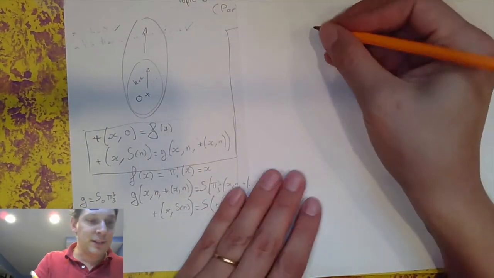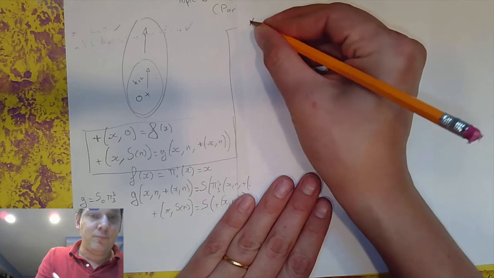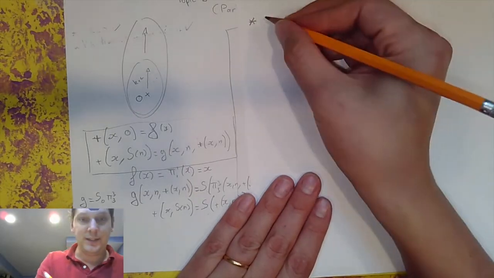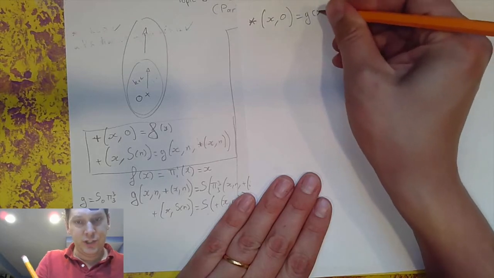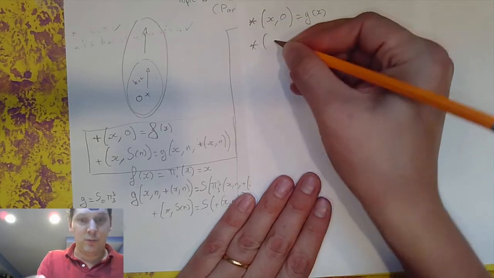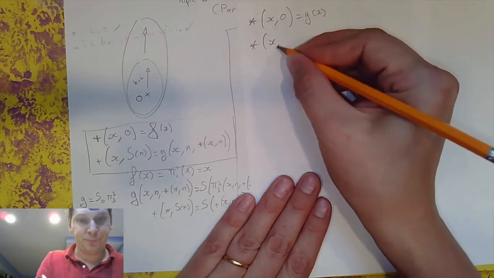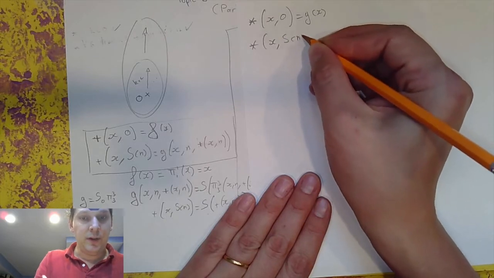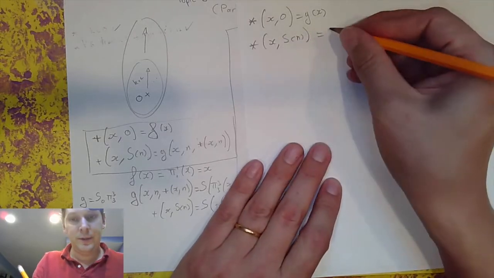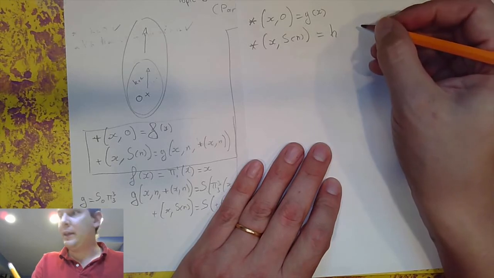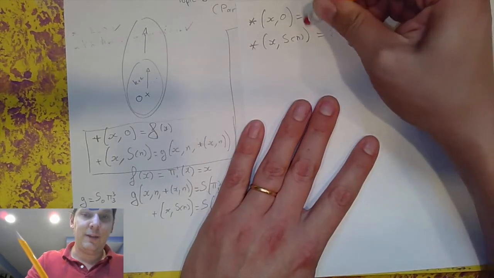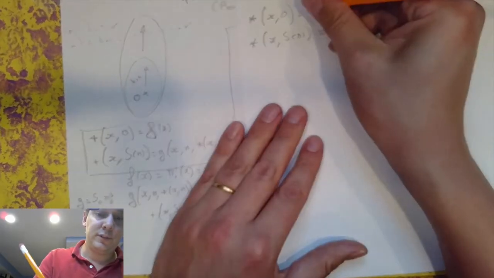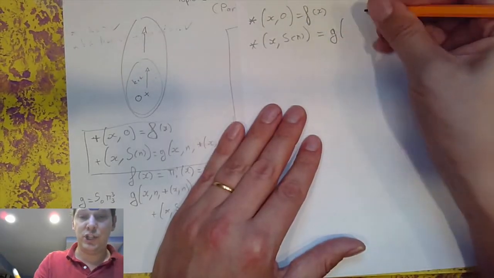So let's define multiplication. Let's call it star, for instance, right? Star x 0 equals f of x, and we just copy this definition of recursion. Sorry about that, here we call it f, I have to use the same notation, and here we call it g.